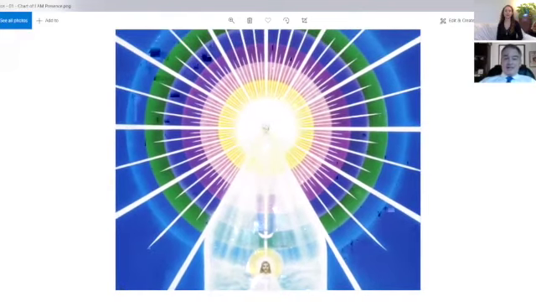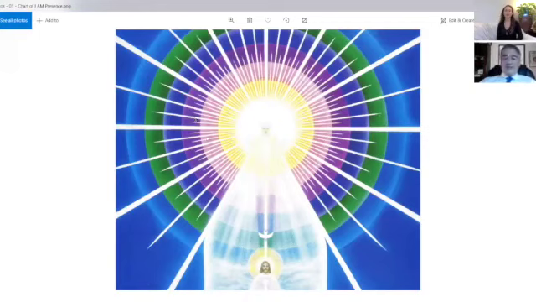And the I Am Presence is surrounded by these beautiful colored rings, which are actually spheres. They surround the I Am Presence, and these spheres comprise what is called the causal body. And the causal body is a storehouse of energy. It's a storehouse of resources.